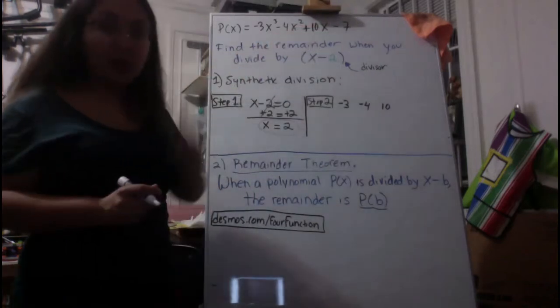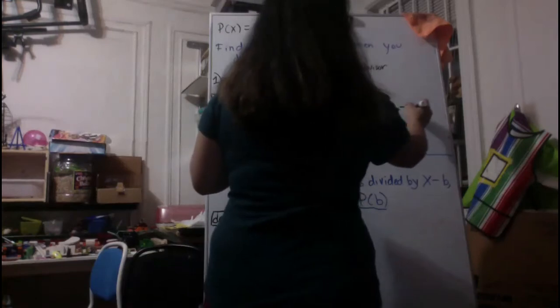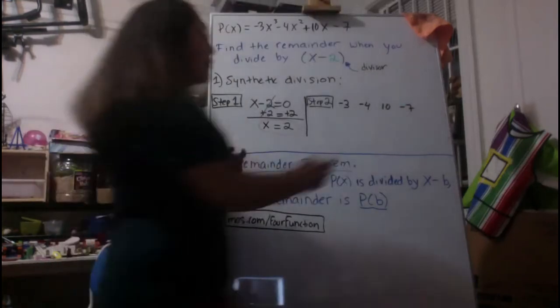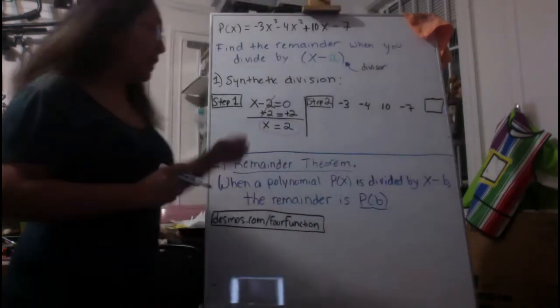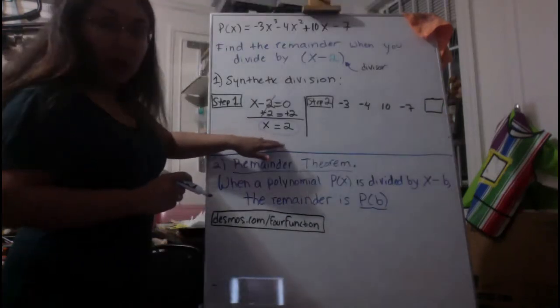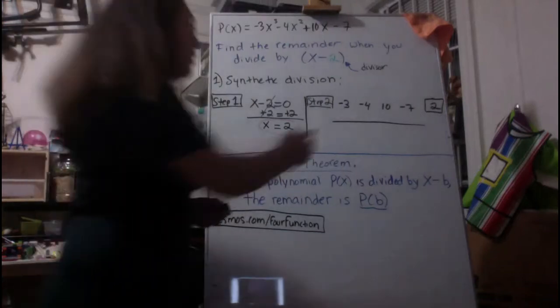And then positive 10, because plus 10 is the coefficient for x to the first power. And now comes the minus 7, which is the constant. Then we put a little box here, and in that box for synthetic division, what you got in step 1, you can input it there. And then we move on to the next process.